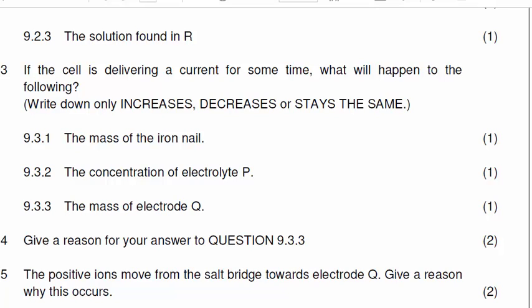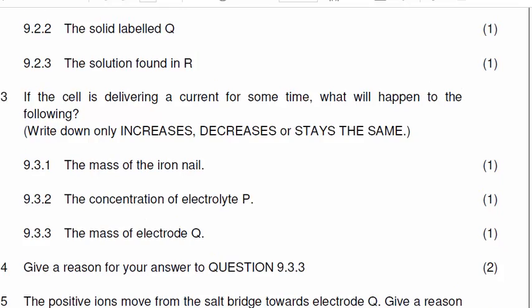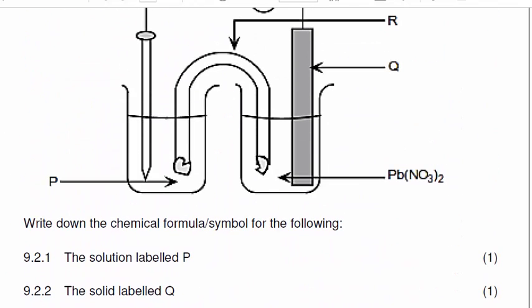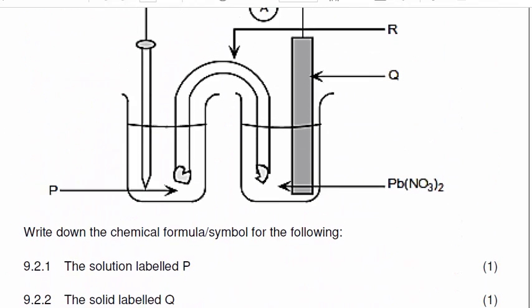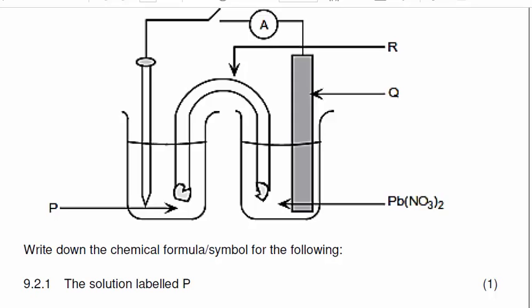The positive ions move from the salt bridge towards electrode Q. Give a reason why this occurs. Positive ions from the salt bridge move towards electrode Q. Why?